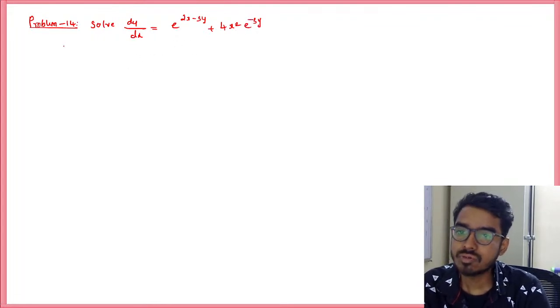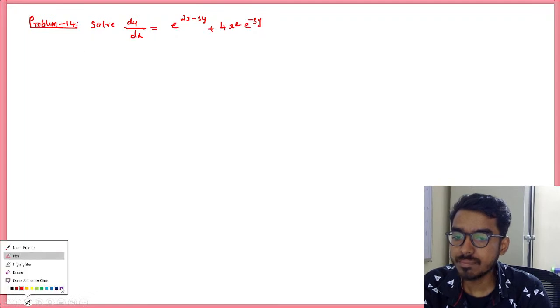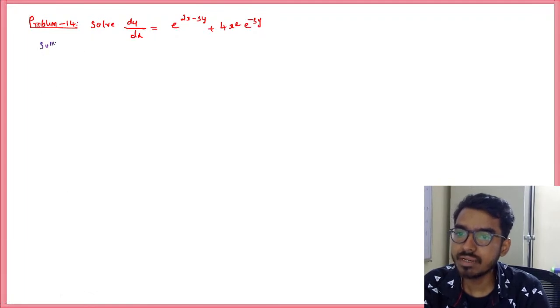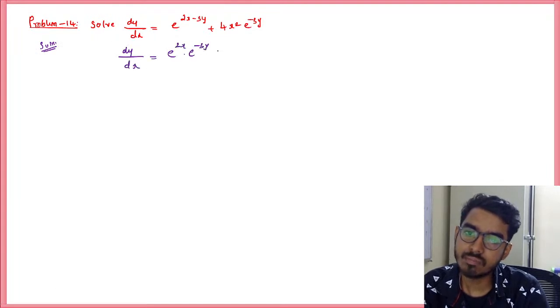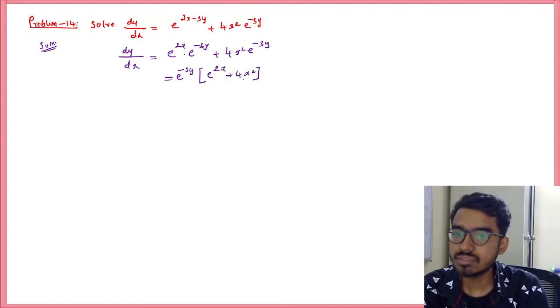Okay, so we have to separate the variables first and then we have to integrate. Okay, very simple problem. So we have dy by dx is equal to e power 2x into e power minus 3y, 4x square e power minus 3y. So if I take e power minus 3y outside, we have e power 2x plus 4x square.